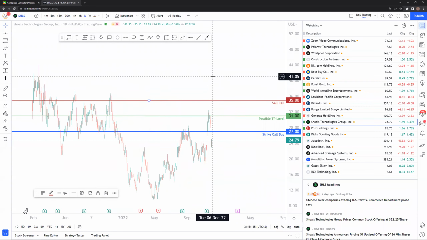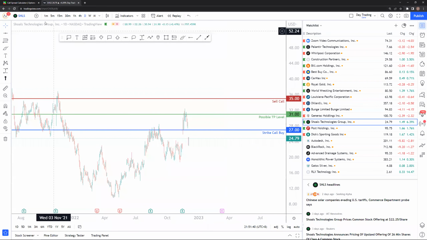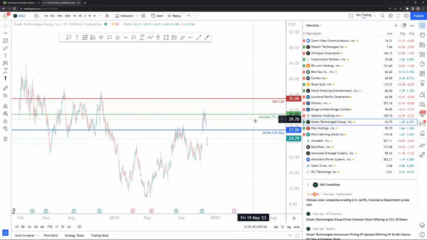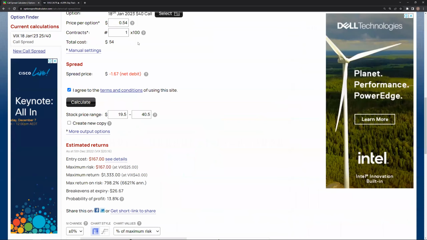Okay, so now let's calculate. Let's use this calculator to see what our maximum profit, maximum loss, and so on are.